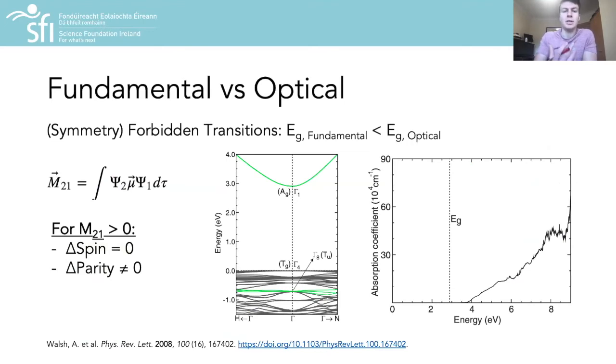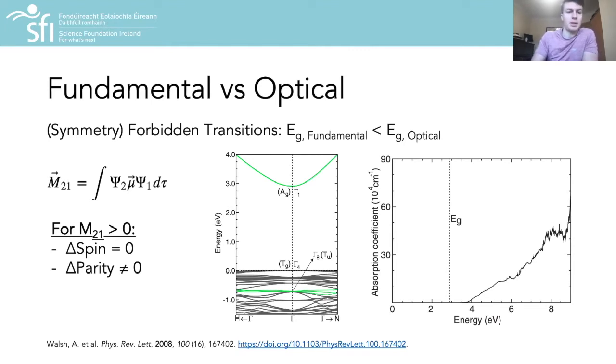Another way that the difference in fundamental and optical gap can occur is through symmetry forbidden transitions. If you recall from undergraduate spectroscopy courses, we have certain selection rules for optical transitions, and as a result, certain vertical electronic transitions can be symmetry forbidden.